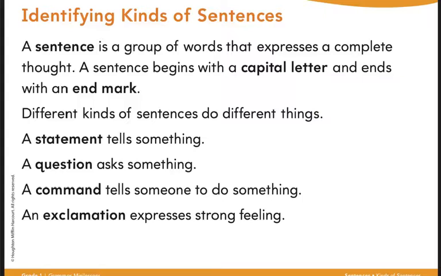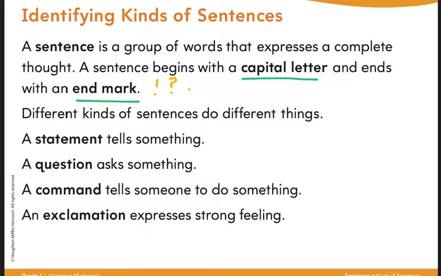So here's some things to remember. Your sentences always need to start with a capital letter, and they need to end with an end mark. Now, we talked about the different kinds of end marks, and we can have an exclamation point, we can have a question mark, or we can have a period. And a period can do 2 things, command or statement.